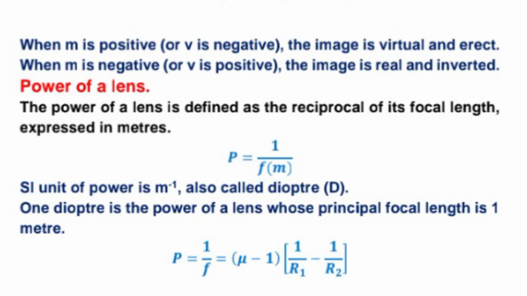SI unit of power is per meter, and it is also called the diopter, D. 1 diopter is the power of a lens whose principal focal length is 1 meter. P equal to 1 upon f, and it will be equal to mu minus 1 under the bracket 1 upon R1 minus 1 upon R2.